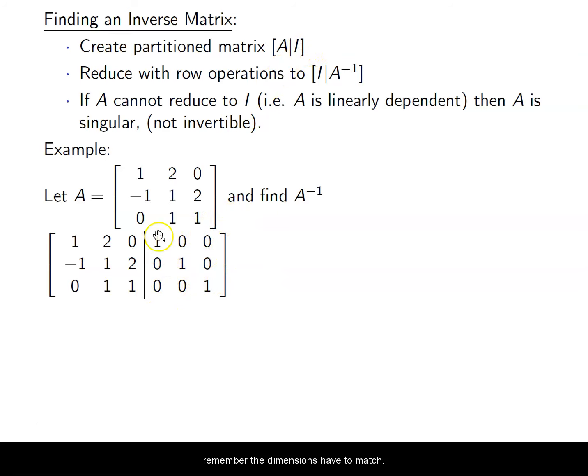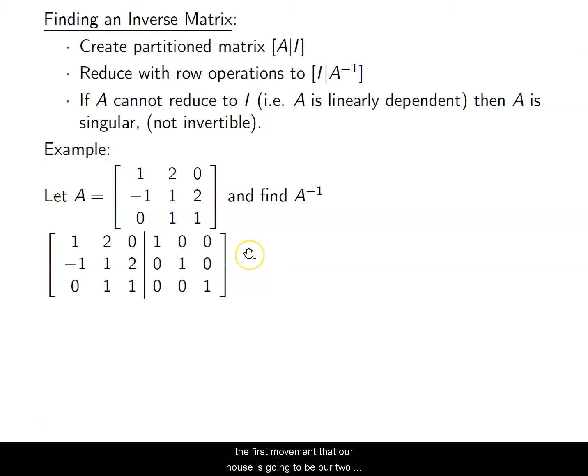Okay, remember the dimensions have to match. 3 by 3, 3 by 3, that gives us a 3 by 6. I will apply my Gauss-Jordan algorithm correctly, in the proper order, right? I want you guys to do this in the correct order. So my first thing obviously here is to get the value below it to be 0.